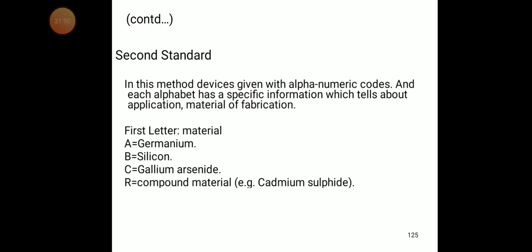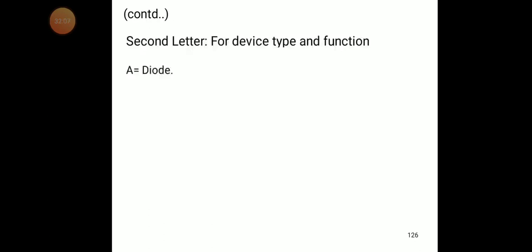The first letter is the material. A for germanium, B for silicon, C for gallium arsenide, and R for compound material, that is cadmium sulfide. This is the first letter. The second letter is for device type and function.